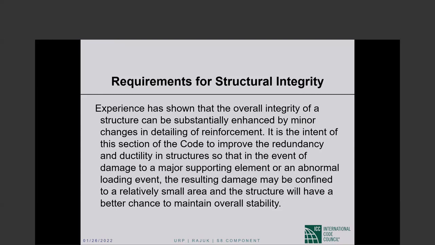Anchor reinforcement essentially transfers the stresses from anchors into reinforcement. Anchors are the headed studs or the headed bolts. Those are the typical anchors.